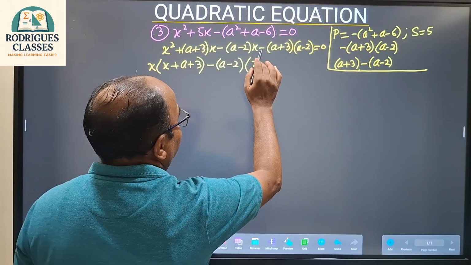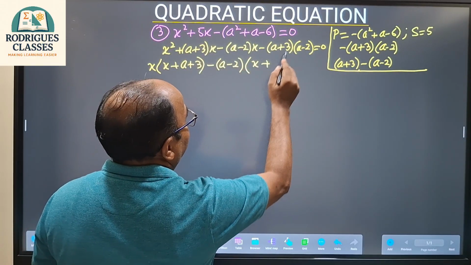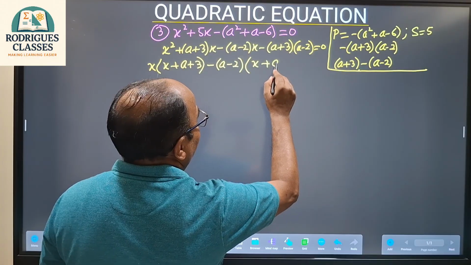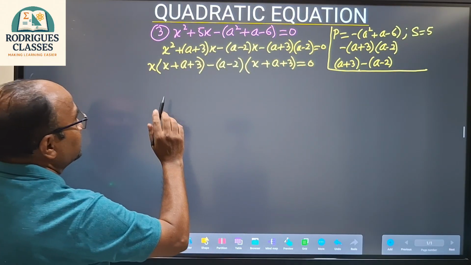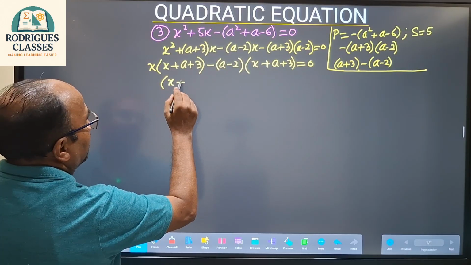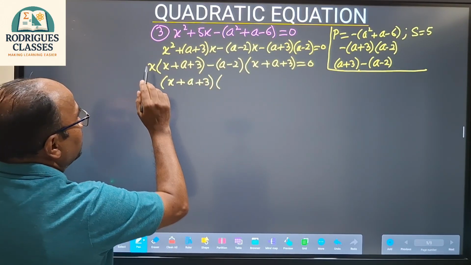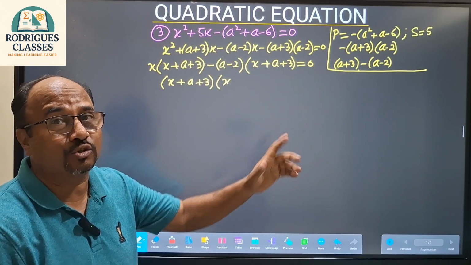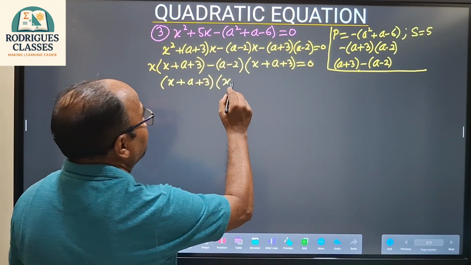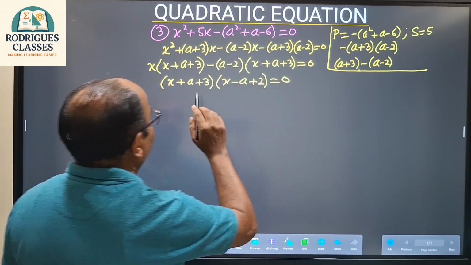X is left, I have taken minus common, so this will become plus, and this is left because this is taken common, a plus 3. So you can see both the brackets I have got the same. Now I will write that what is there in the bracket taken common. So from here x is left, from here minus a minus 2 is left. So that will give you minus a plus 2. So we have got it factorized.